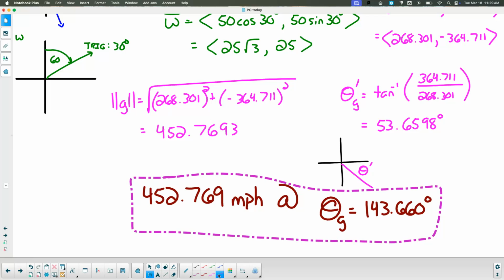And we can't go off of our old, in quadrant 4, it's 360 minus my reference angle because we need it to be a bearing angle now. Okay? So that's why I added 90 to it, because this is 90 from here, so I needed to go 90 plus my reference angle.